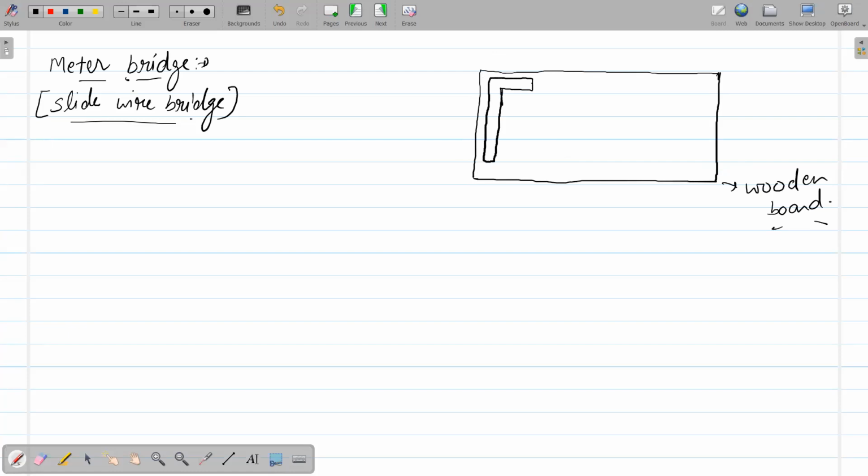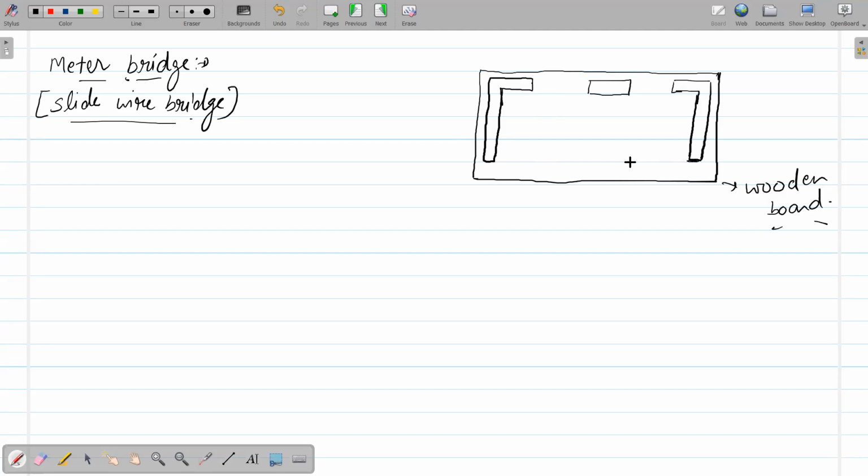I'll be telling you about each and everything, why we are taking copper strips and so on. These are two inverted L-shaped copper strips. And we have one more copper strip which is rectangular, connected in between, like this.